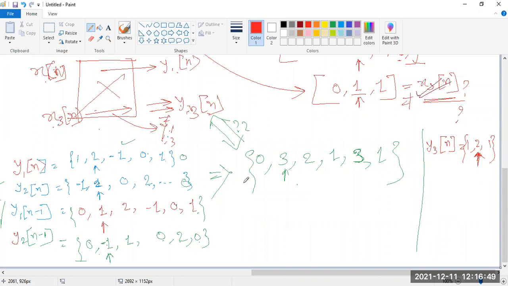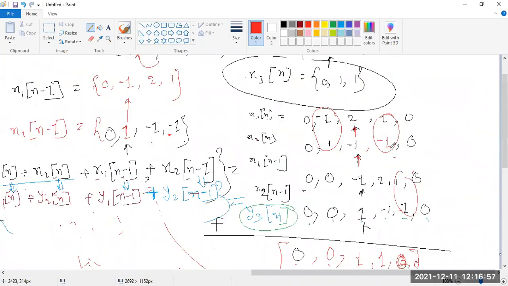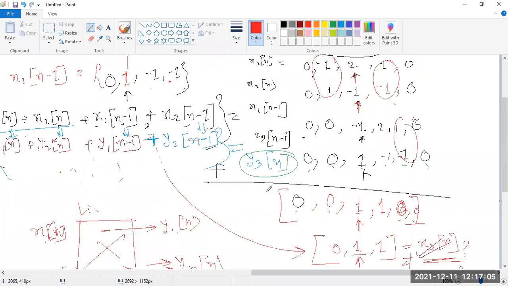So this is your y3, but this summation is not equal to this y3. But if you apply the inputs x1 of n, x2 of n, x1 of n minus 1, x2 of n minus 1, and add them, then it yields your x3 of n.